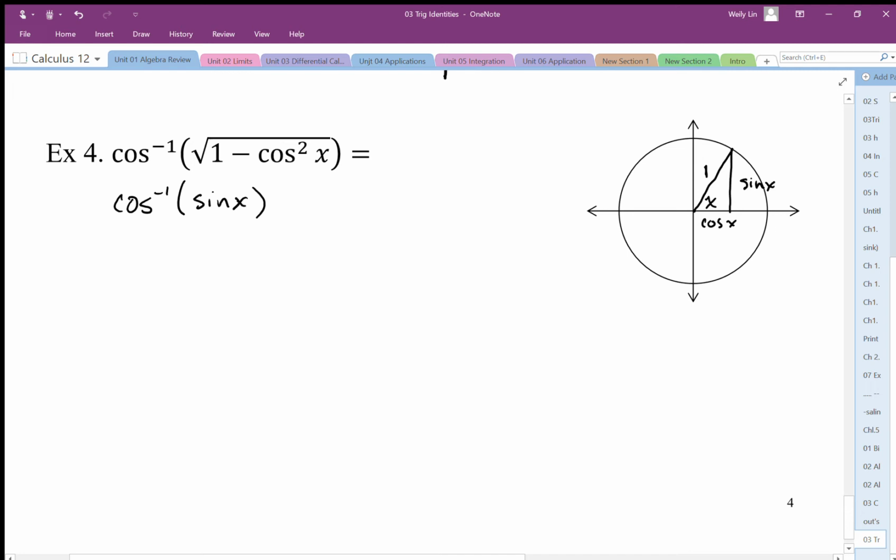Okay, so if I take the length sine, and I need to do an arc cos to it. So if I'm going to do an arc cos to it, I need to have the sine length oriented in the horizontal. So this makes the sine length horizontal. There's my angle x.